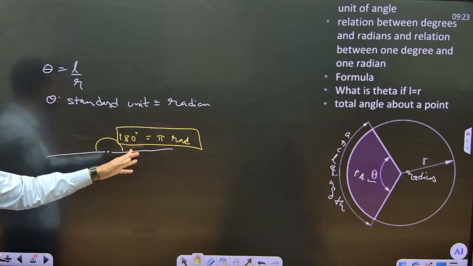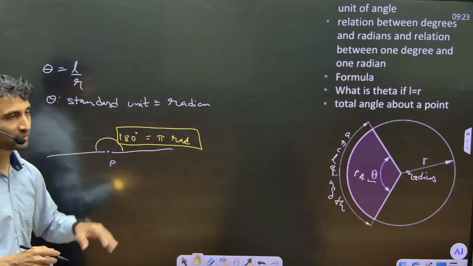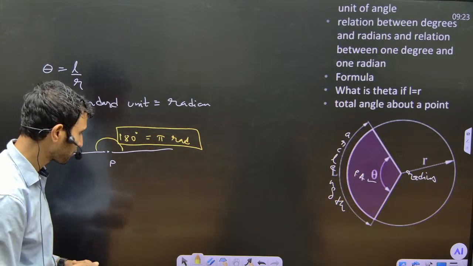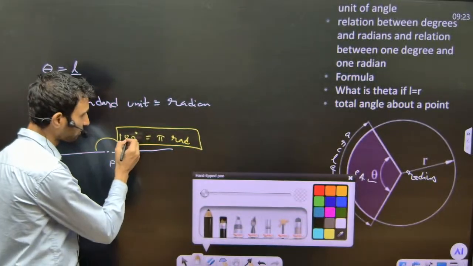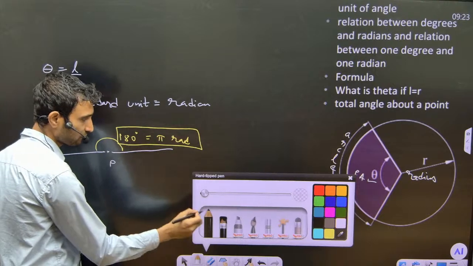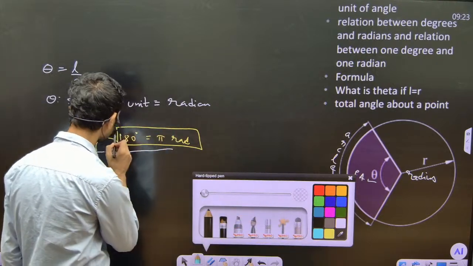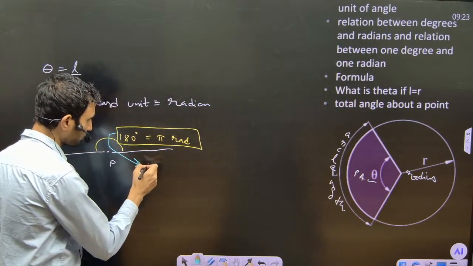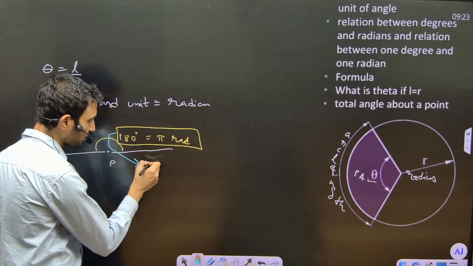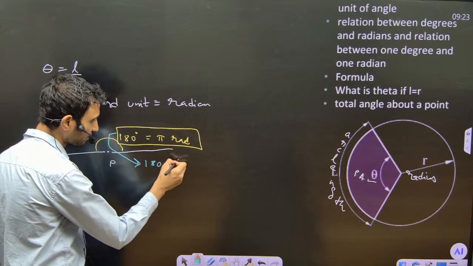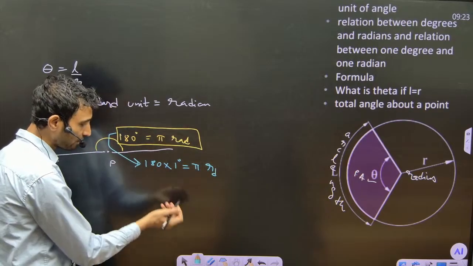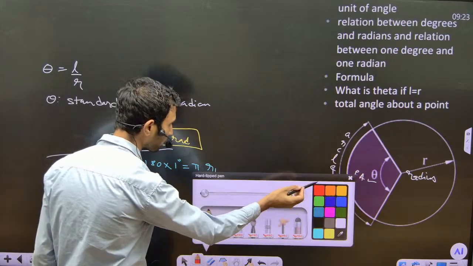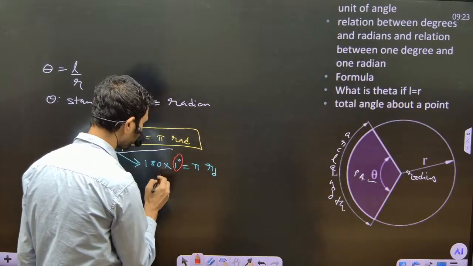So now from here, you are free to find out the relation between degrees and radians, howsoever you may deem fit. Like if you wanted to find out the value of 1 degree. So 180 degree can be written as what, kids? 180 into 1 degree is equal to pi radian, right? And let's say you wanted to find out the value of 1 degree. What will it be?